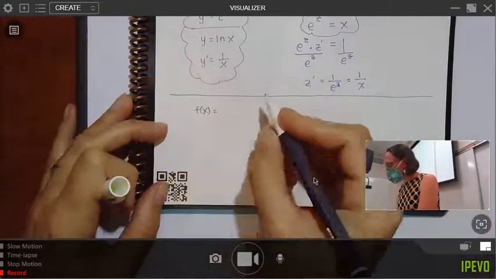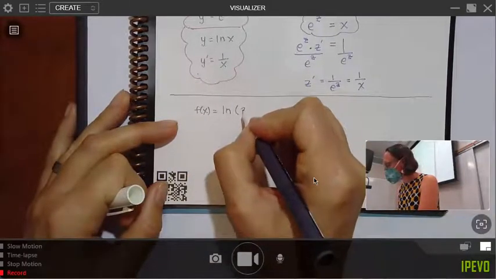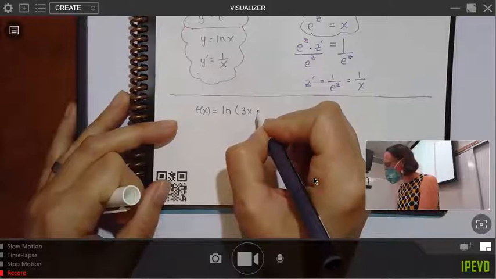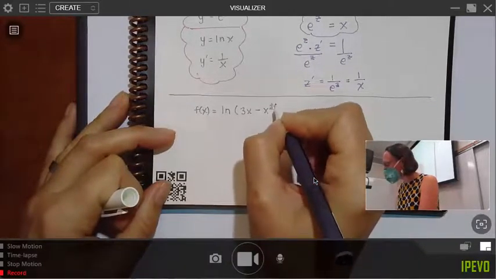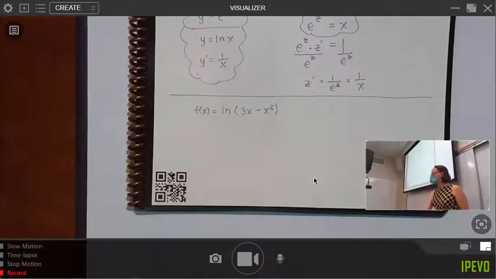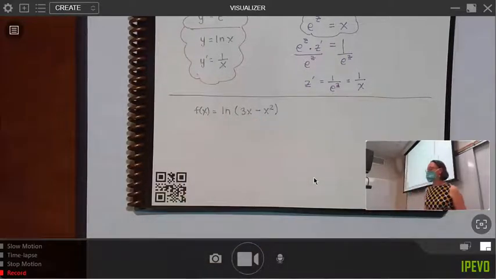If my f of x, let's say I have natural log of 3x minus x squared. I don't know why I made the first one so messy, but I did. Well, first of all, when we have a problem and it's got natural logs in it, one of the first things that I might look for is to see whether any of our log rules can simplify parts of the problem.